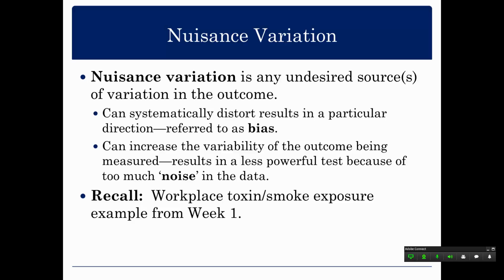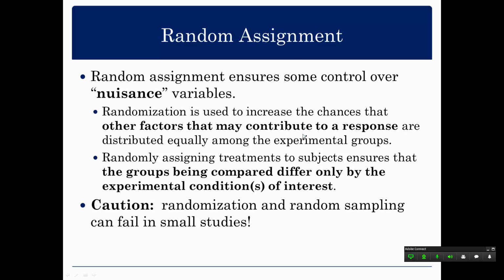That's kind of difficult to describe. But anyway, the bias comes in a systematic distortion of the outcome from a nuisance or a confounding factor.